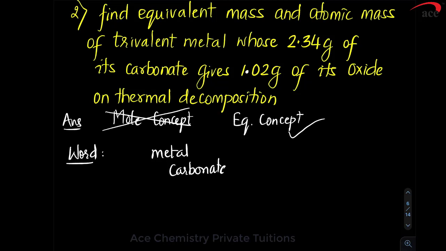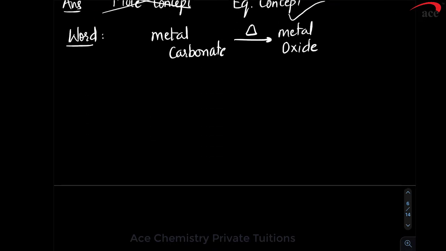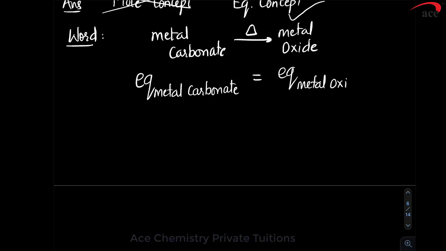In words you can write that metal carbonate on heating gives metal oxide. That is the data given. By the equivalence concept, we can write that EQ of metal carbonate will be equal to EQ of metal oxide for a complete reaction.